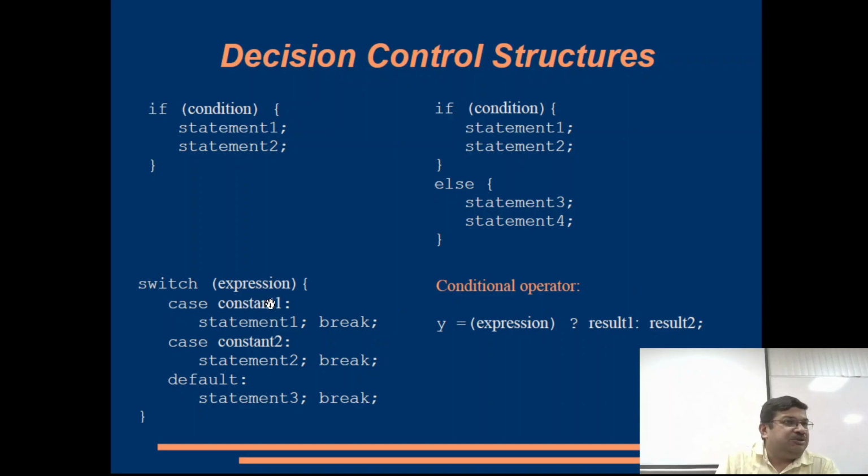Sometimes it may not be possible to think of all the possibilities that the expression may actually take as its value. So at least you should have a default segment which, if none of these is met, should be able to flag that none of the conditions listed in the switch have been satisfied. Or there may be some default action that might need to be taken.